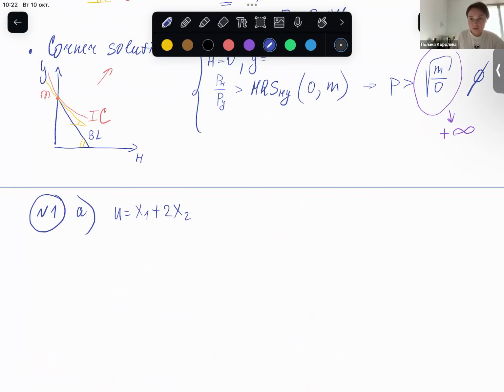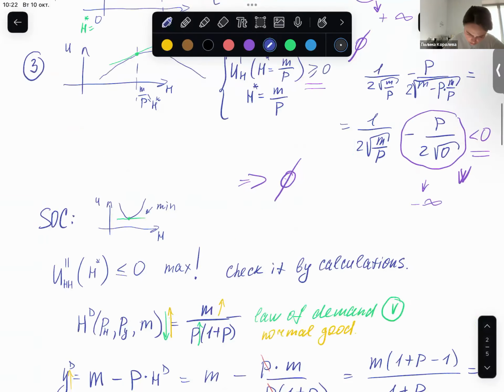And as always, to find the Marshallian demand, we should solve the utility maximization problem. You always write down the problem and then the solution. So we want to maximize it by choosing how much x1 to consume and how much x2 to consume, greater than or equal to 0, subject to our budget constraint.